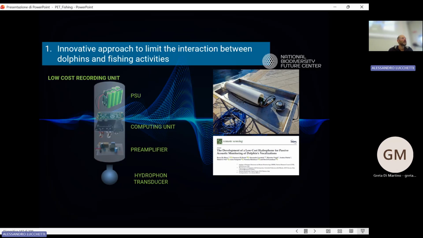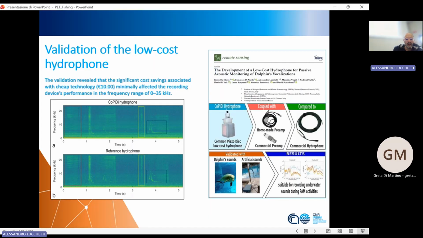That's why at the beginning we lost time getting the dolphin recordings and tagging every single type of emission, from the whistles to the whisper sounds, all the different emissions from dolphins. Therefore, we developed a cheap hydrophone.